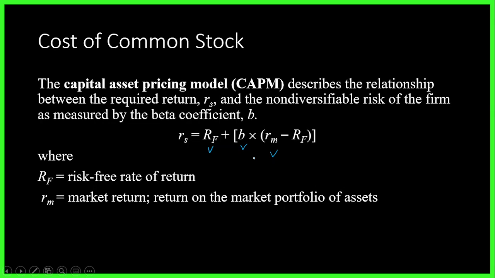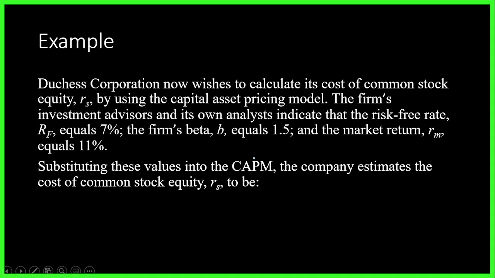Okay, so if you try to apply that, given the following, sige, ulitin natin, where is your risk-free rate? Sabi niya, the risk-free rate is 7%. Now you add that to your beta, which is 1.5.